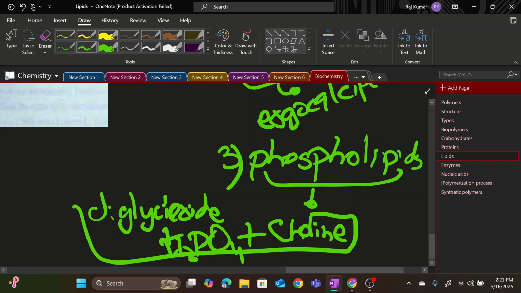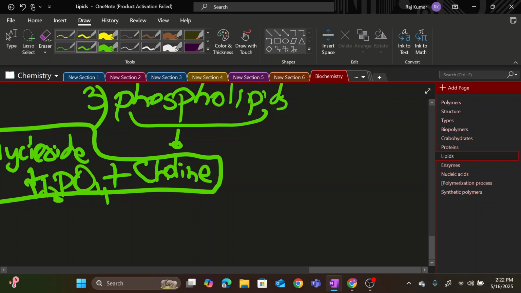This is a phospholipid. It's not necessary that every time we are going to have choline.